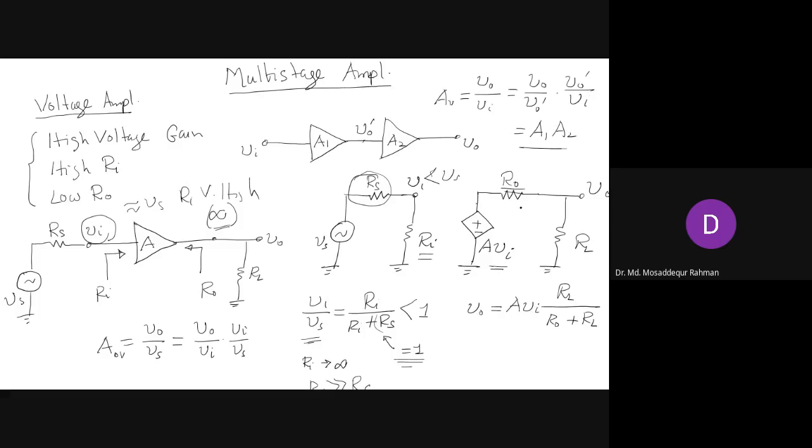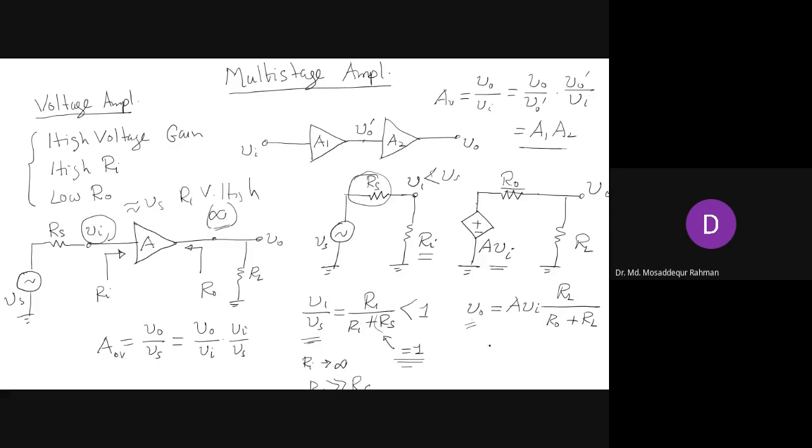Here you see that the higher the output resistance of the amplifier, the lower your V0 will be. We know the common emitter has a high output resistance, so you also lose some signal at the output side. If we have a low output resistance, the higher this factor will be, and most of the signal voltage is transferred to the load.